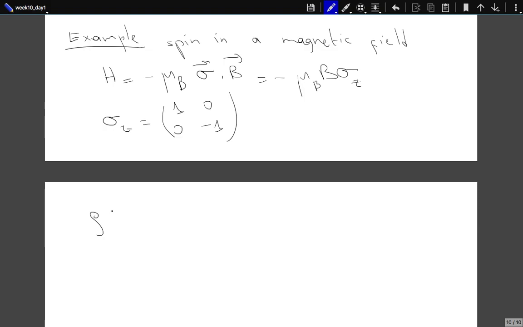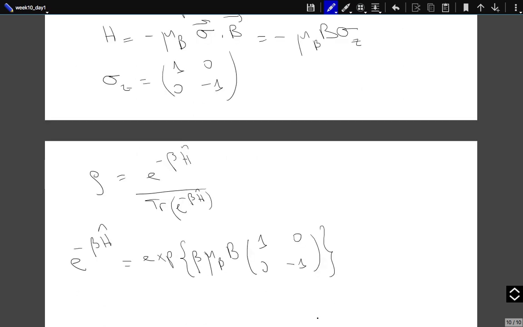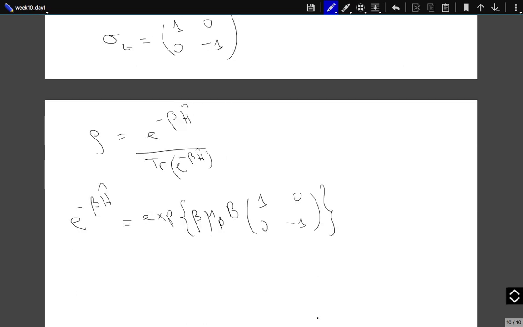So rho operator was e to power minus beta h divided by the trace of e to power minus beta h. Now e to power minus beta h is equal to the exponential of beta mu b, b, sigma z, which is 1, 0, 0, minus 1. Well, since sigma z is diagonal, our Hamiltonian is diagonal, it's easy to evaluate this exponential.